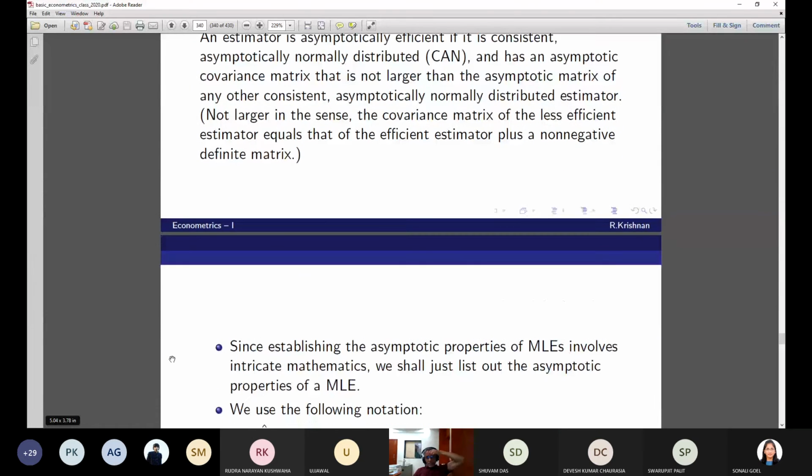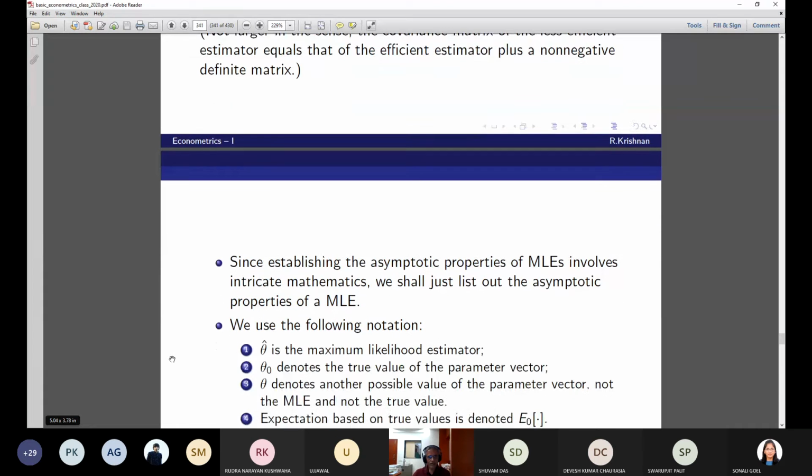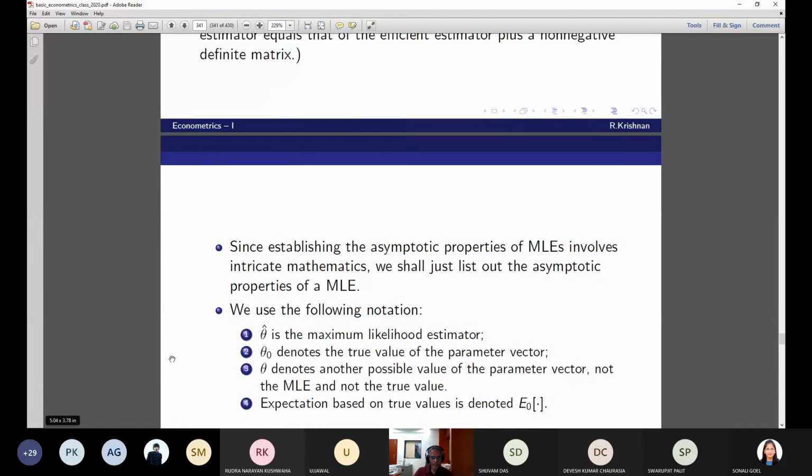Since establishing the asymptotic properties of MLE involves intricate mathematics, we should just list out the asymptotic properties of our MLE. We use the following notation. Theta hat is a maximum likelihood estimator. See, I have written the PPTs in such a way that first will be the general stuff, and next, when I take the examples, it will be parameters specific to that example.